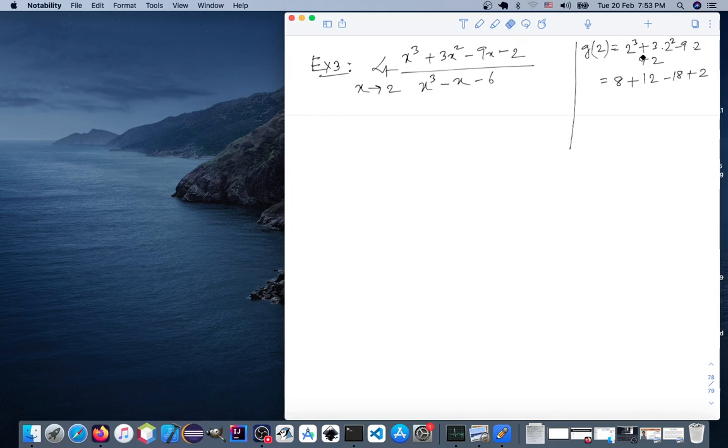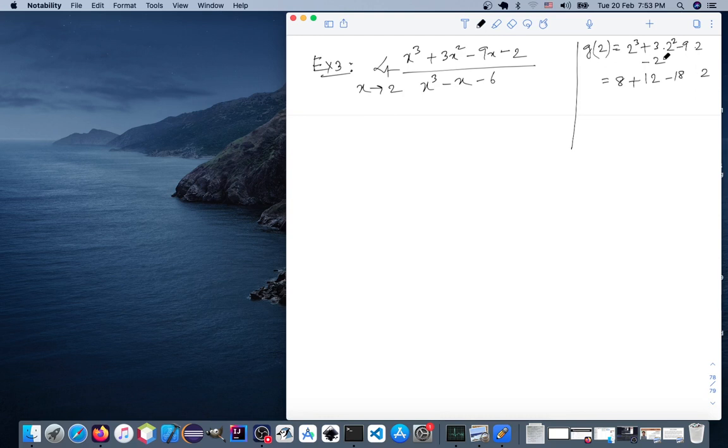So minus minus, this is 0. Also we see h(2) is 2 cube minus 2 minus 6, that is 8 minus 2 minus 6 equals 0. So we will have x minus 2 as a factor from both g(x) and h(x).